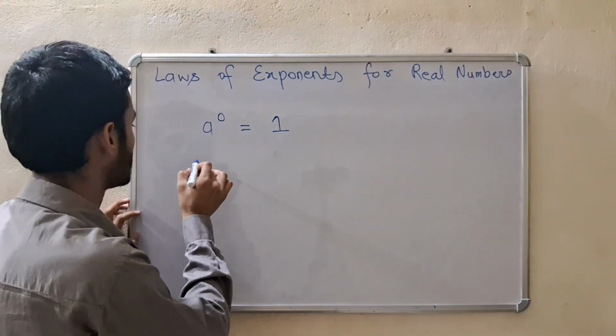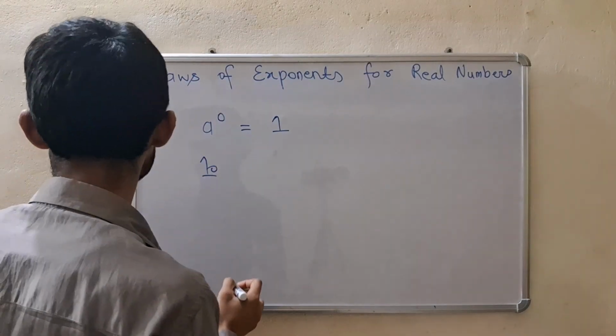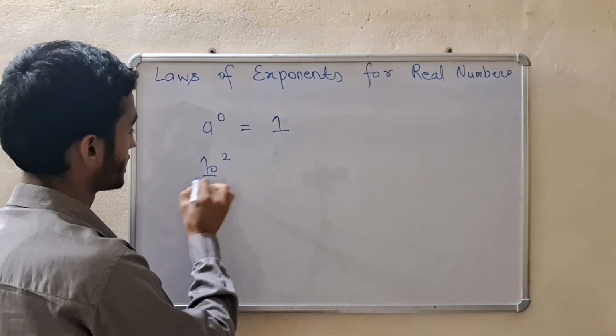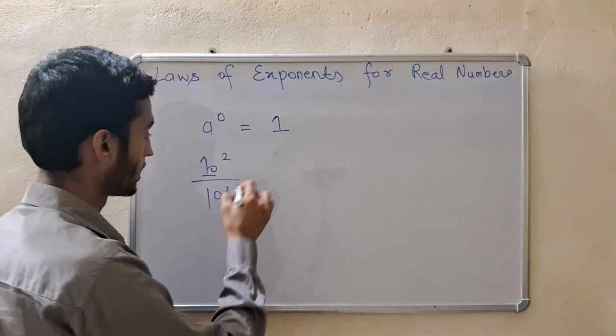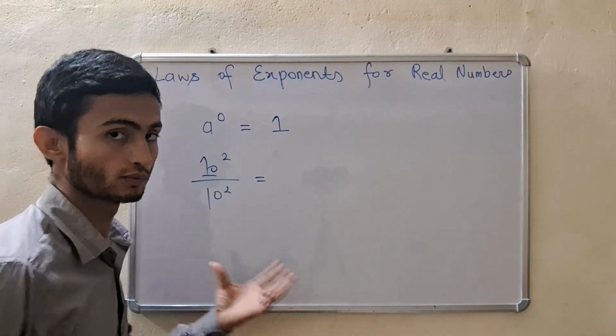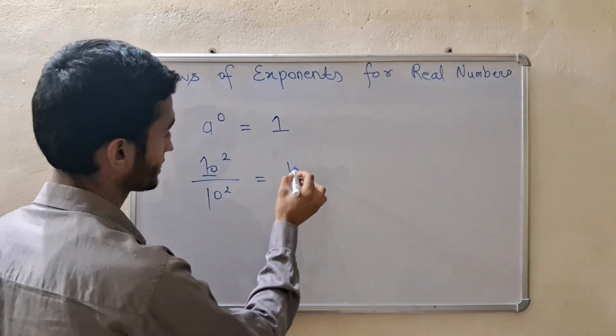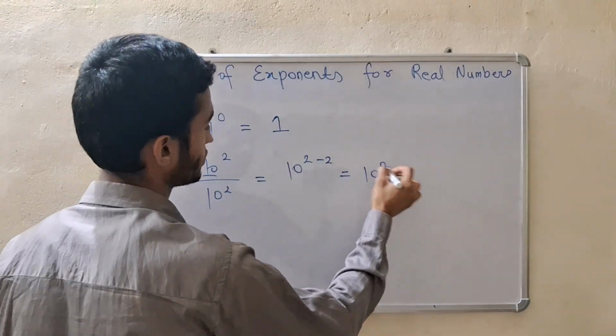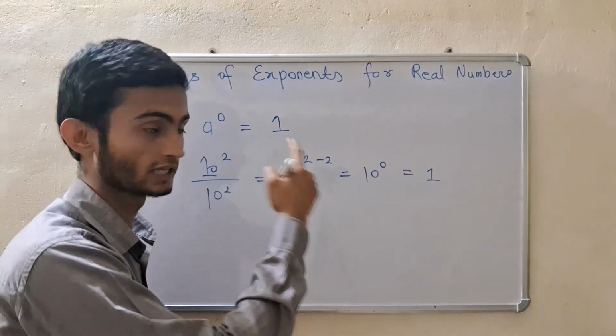For example, let's take this case where we have 10 squared upon 10 squared. One way to look at it is in terms of exponents, right? We take this minus this, and it becomes 10 to the power 0, and it comes out to be 1 as per the law.